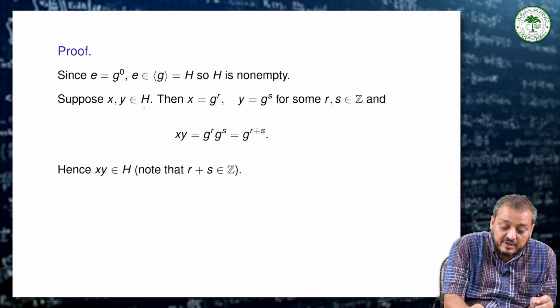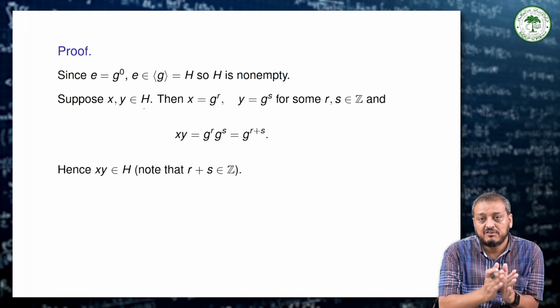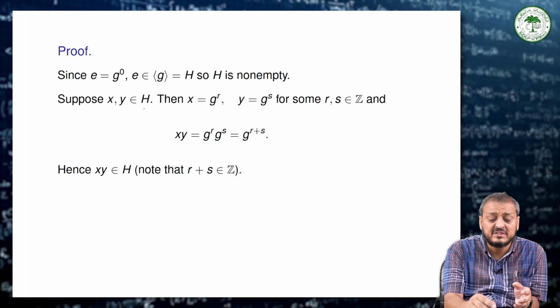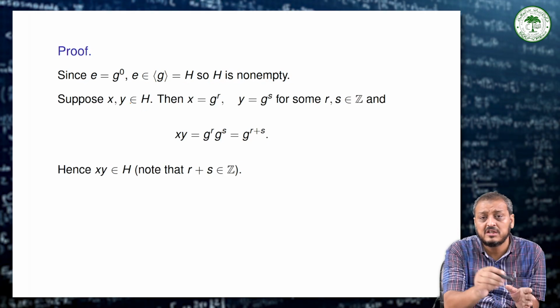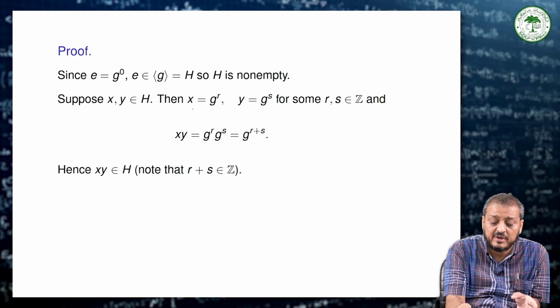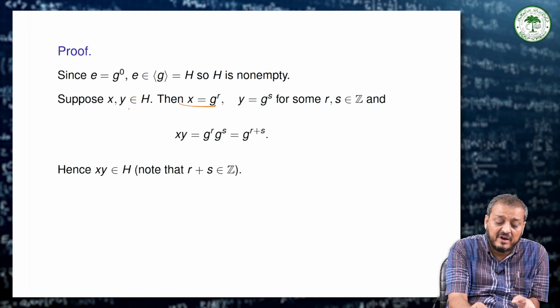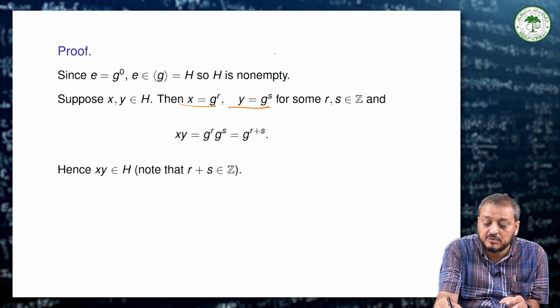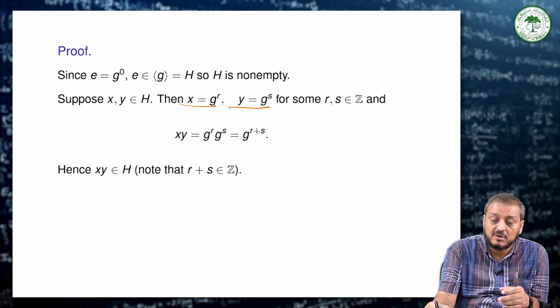So suppose x and y are elements of H. Because H is generated by g, x can be written as g to the power r. Y is an element of H, so y is also generated by g, some g to the power s, for some integers r and s.